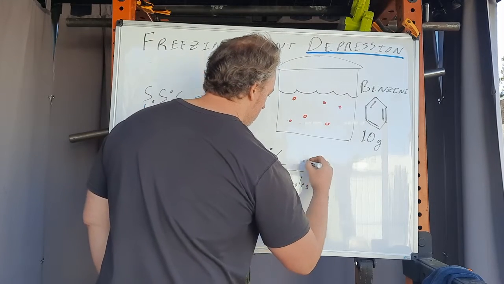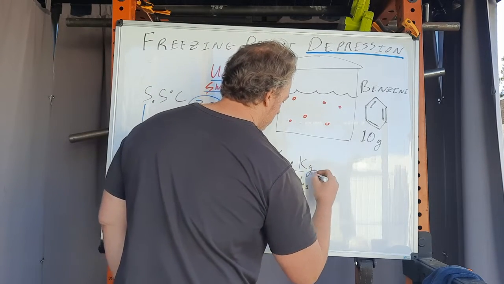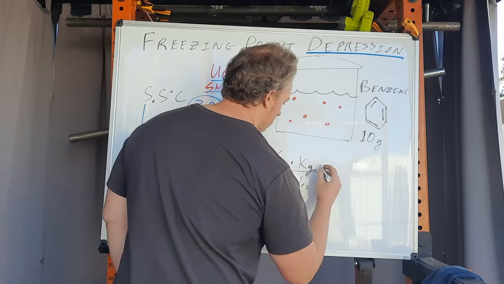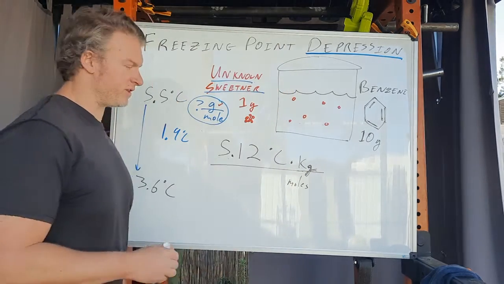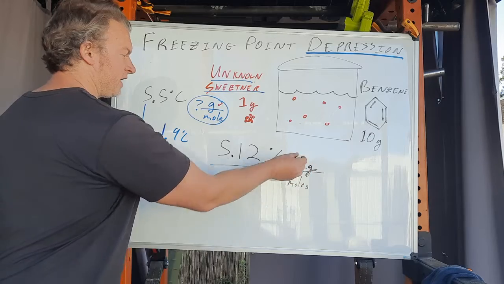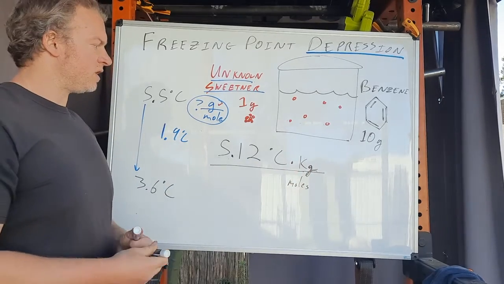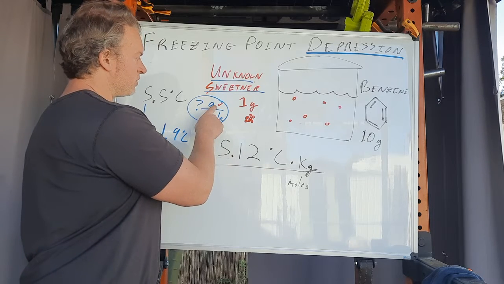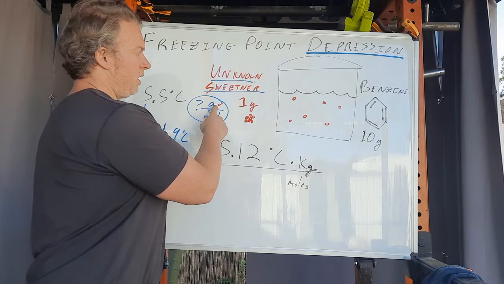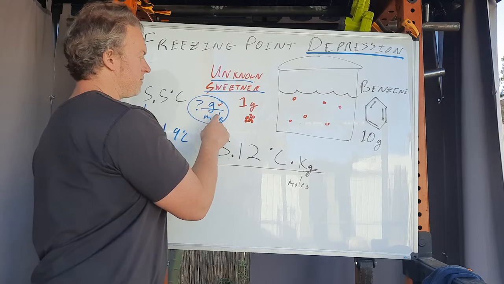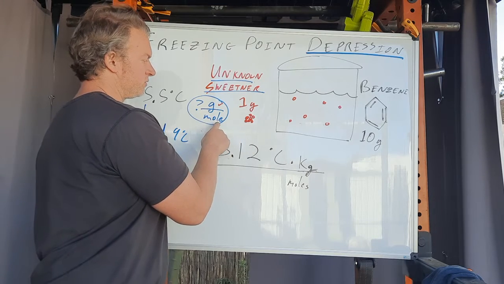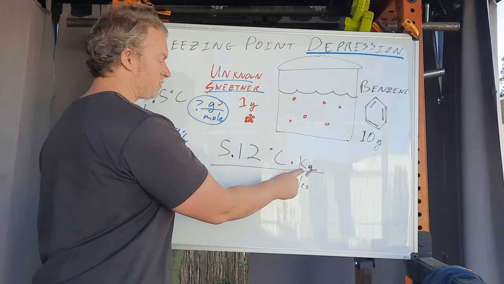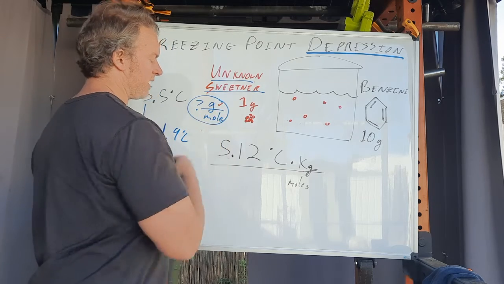Moles of solute per kilogram of solvent. Here, we want to get our final answer with grams of solute divided by moles of solute. So we need moles in the denominator and grams on top.